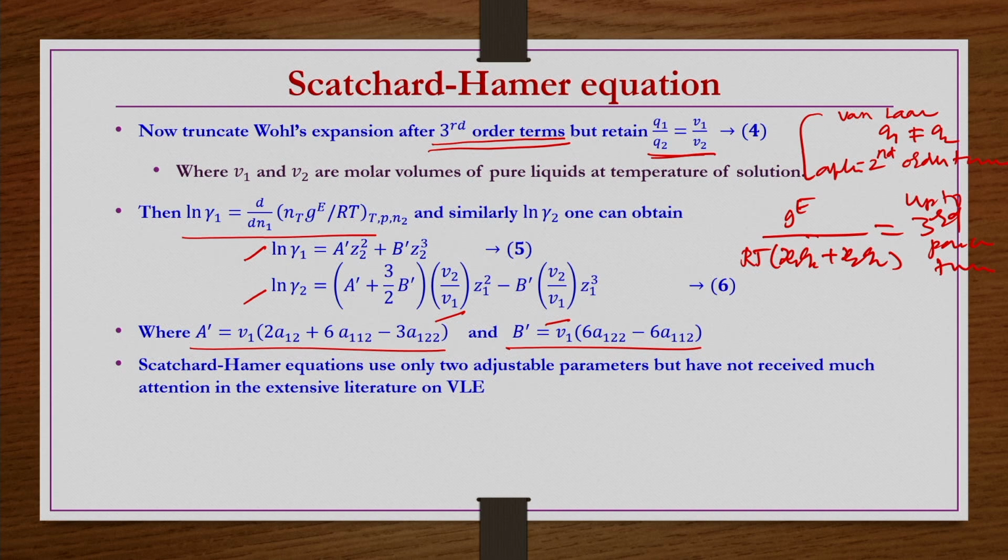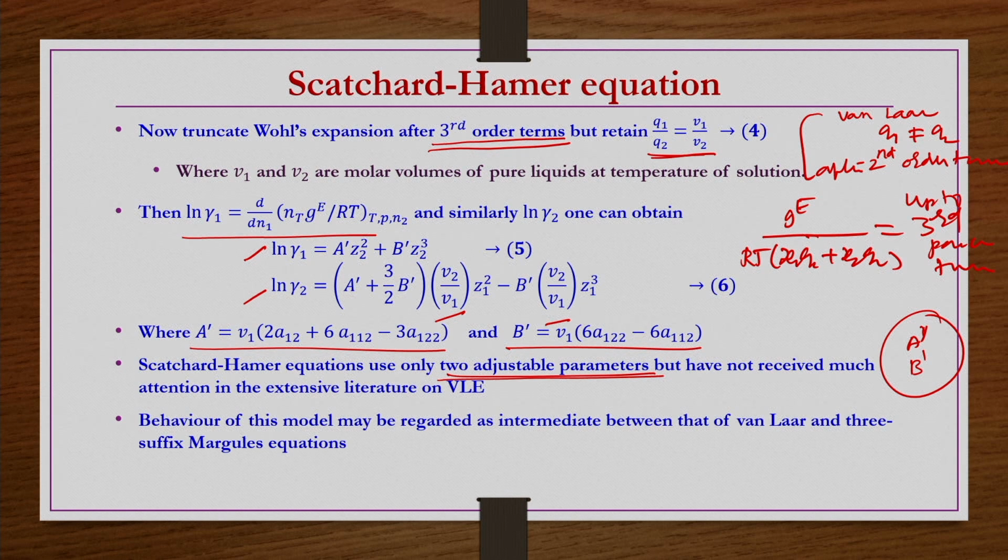and this equation uses only two adjustable parameters, like the Van Laar equation and the three-suffix Margules equation. Here also we have only two parameters, but it has not received much attention in the extensive literature on VLE, unfortunately. This can be seen as a kind of intermediate between the Van Laar equation and the three-suffix Margules equation, because Van Laar includes only second power terms, while the three-suffix Margules equation includes third power or third order terms also.